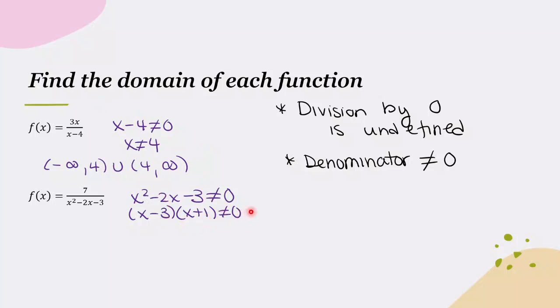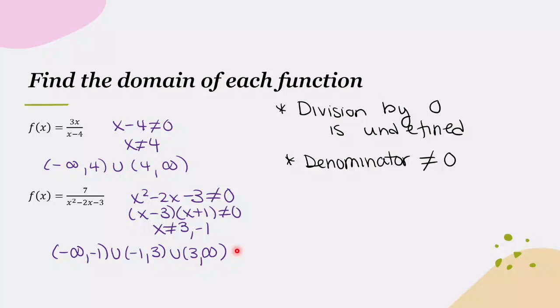So this factors as x minus 3, x plus 1. That means x cannot equal positive 3, and x cannot equal -1. So in interval notation, I've got negative infinity to -1, union -1 to 3, union 3 to infinity. Again, using those parentheses because we are not including the points at -1 and 3.